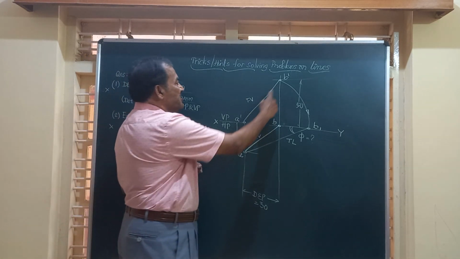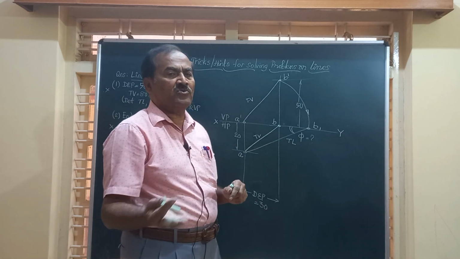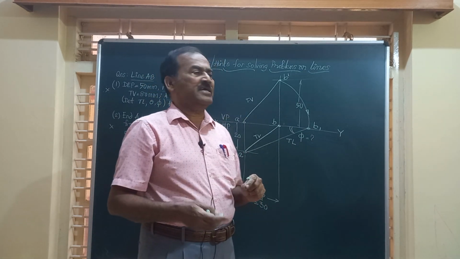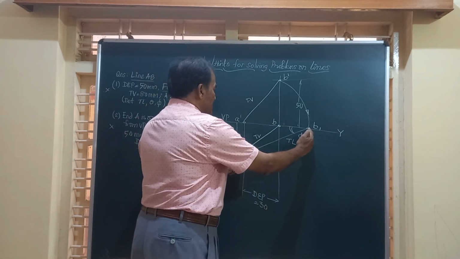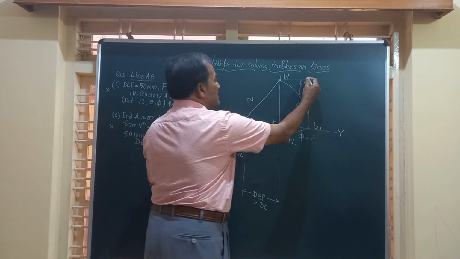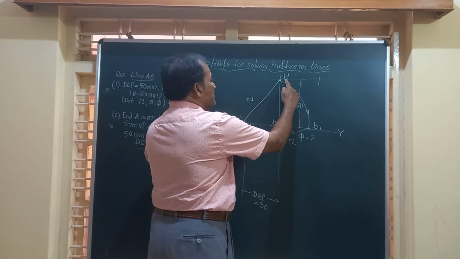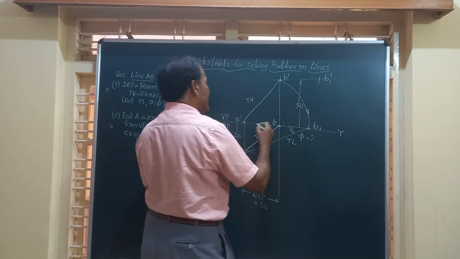Friends, you have got front view number 1, top view number 2, true length you have got. And I told you true length will have the same length both above the XY line and below the XY line. Friends, I know the true length. Taking A dash as center, this length as the radius, strike an arc here to cut the locus of this B. This point is going to be B1 dash.